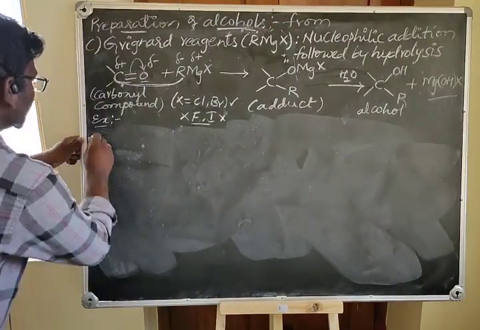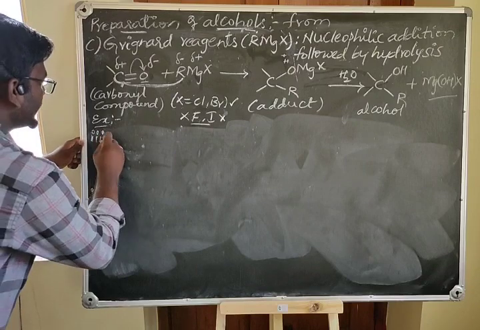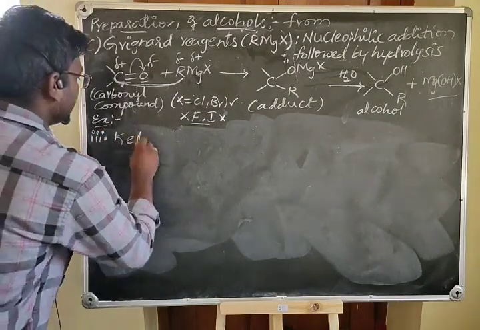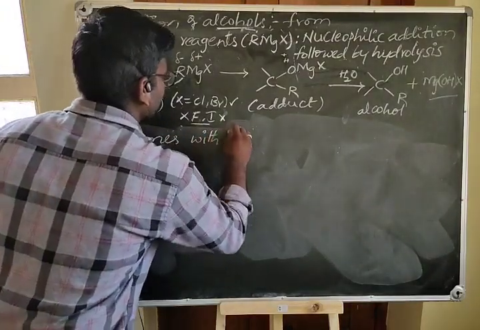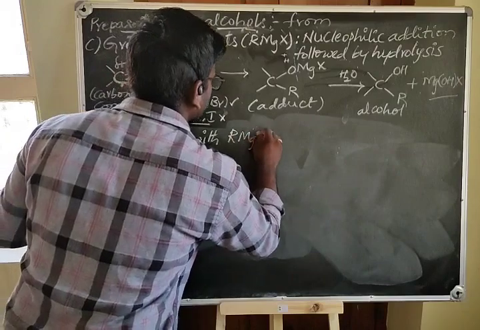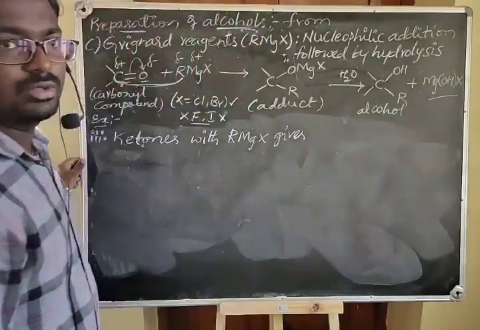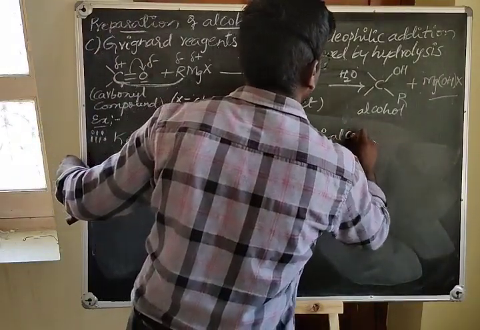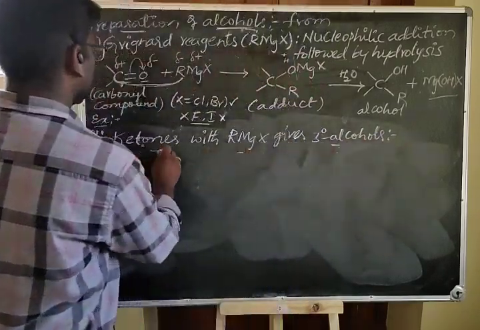When ketones are treated with Grignard reagent, they give tertiary alcohols. Let us see how it gives tertiary alcohols.